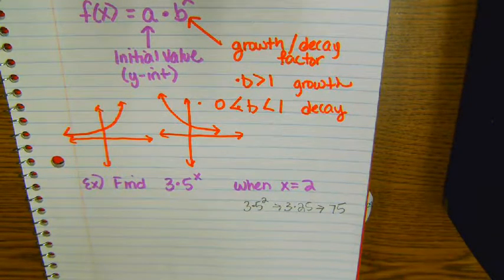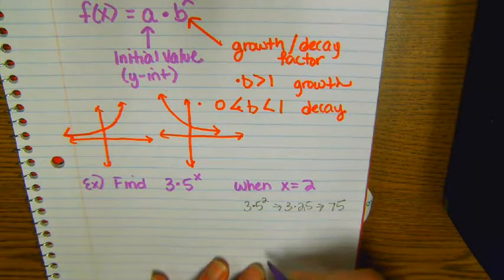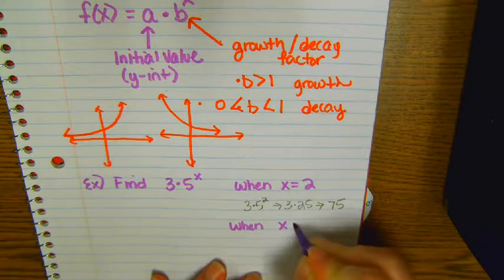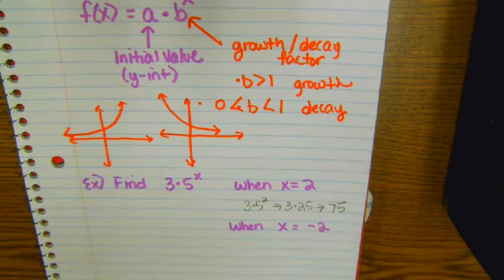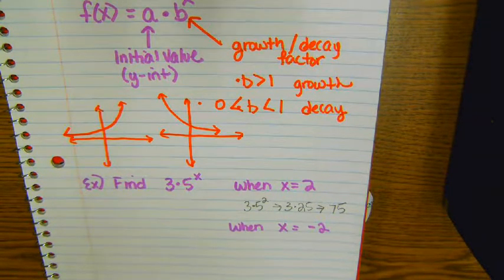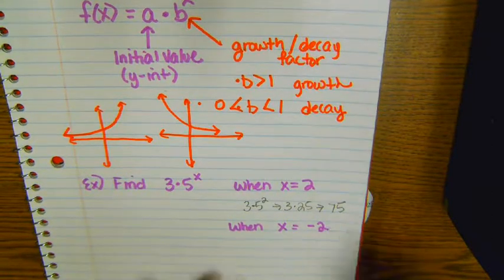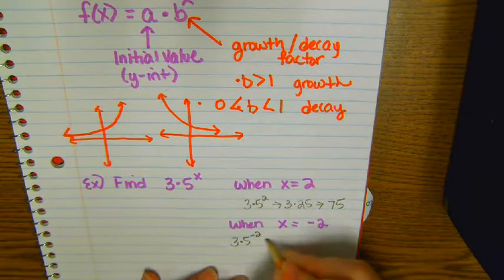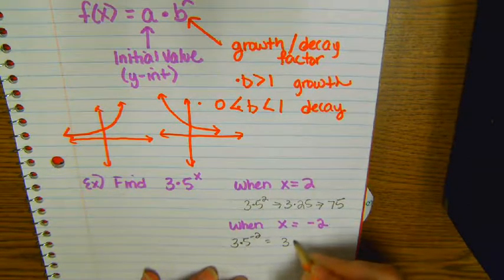Let's try a different one. When x equals -2, I'd like you to understand what that means, okay? And obviously, you can use your calculator if we start getting really large powers that you don't know in your head, but I want you to understand that this really means I'm going to take 3 times 1 over 5 squared.